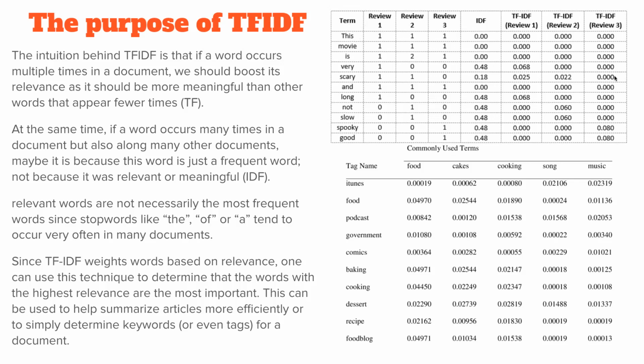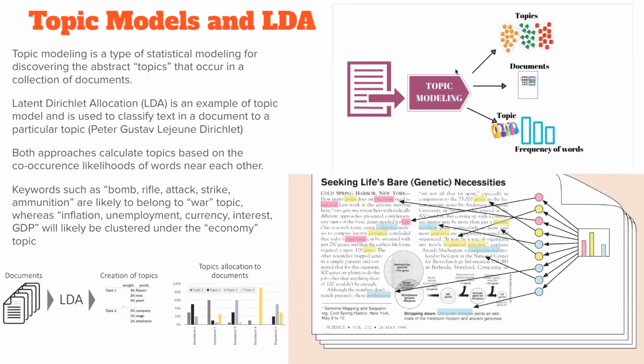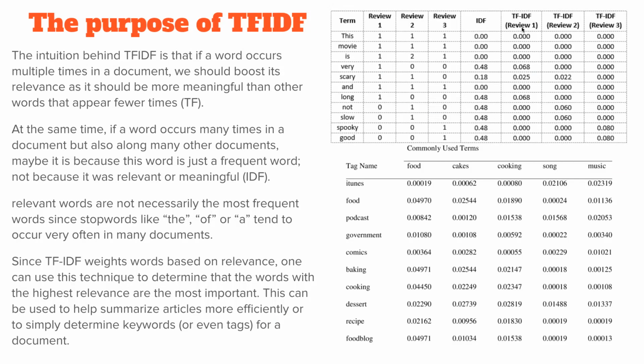Just as in the previous document term matrix, we have terms, and we have 3 different reviews of a certain movie, for example. Every word is calculated as inverse document frequency, and then this feeds into the TF-IDF calculation of the first review, and the TF-IDF calculation of the second review.